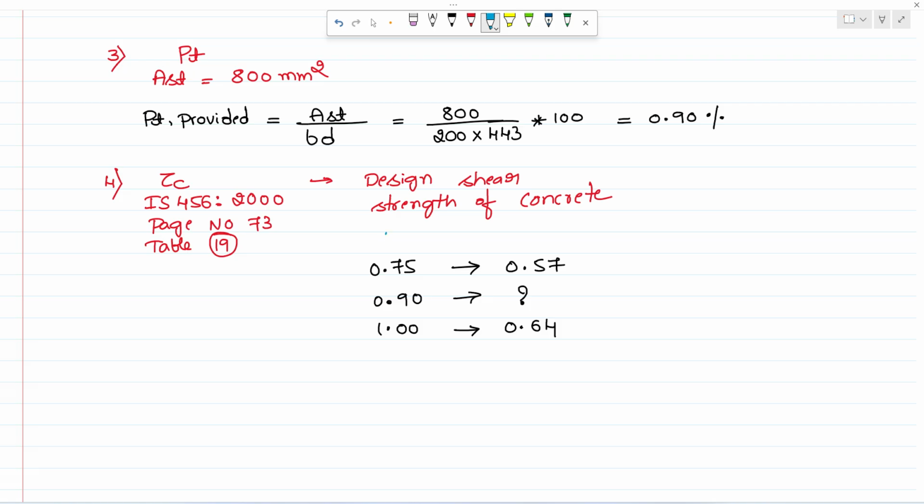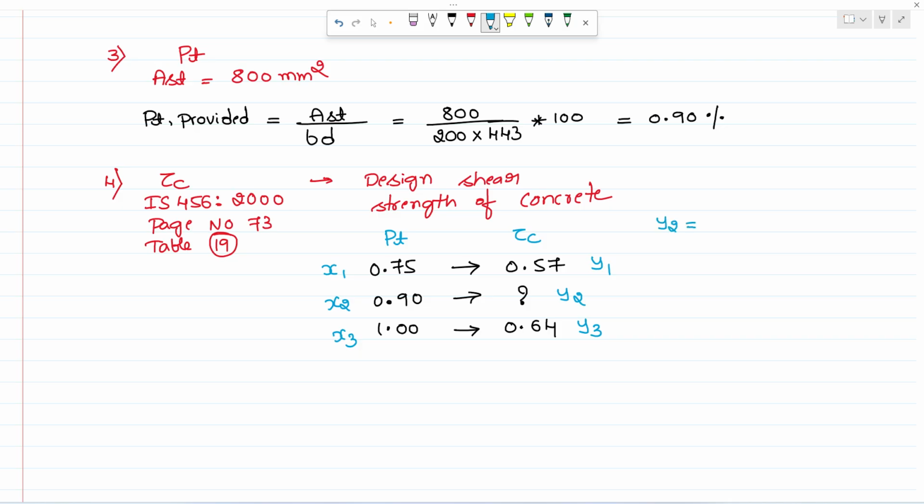So this column is PT and this column is tau C. You call these x1, x2, x3, y1, y2, y3.